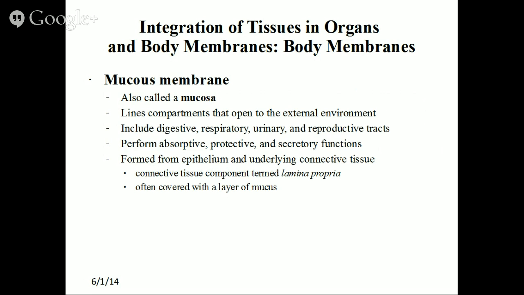But because you have a tract with an opening at both ends that happens to be exposed to the external environment, it has a mucous membrane wrapped around it. Respiratory tract, same thing, uses the oral cavity and the nasal cavity, your mouth and your nose. So it's got a mucous membrane. All of these tracts have mucous membranes in them.